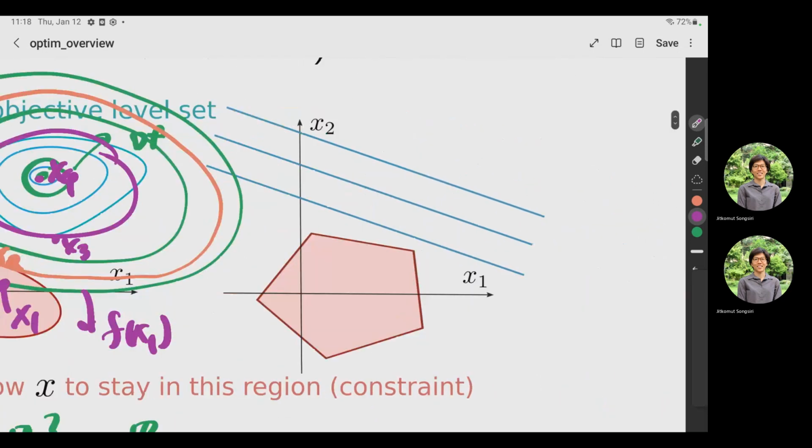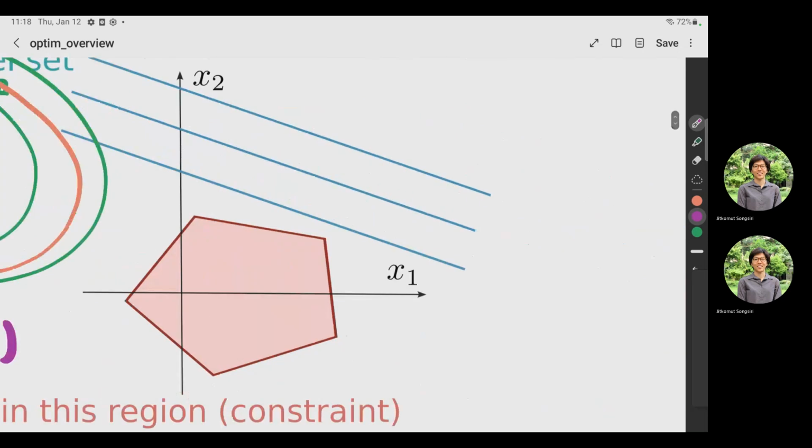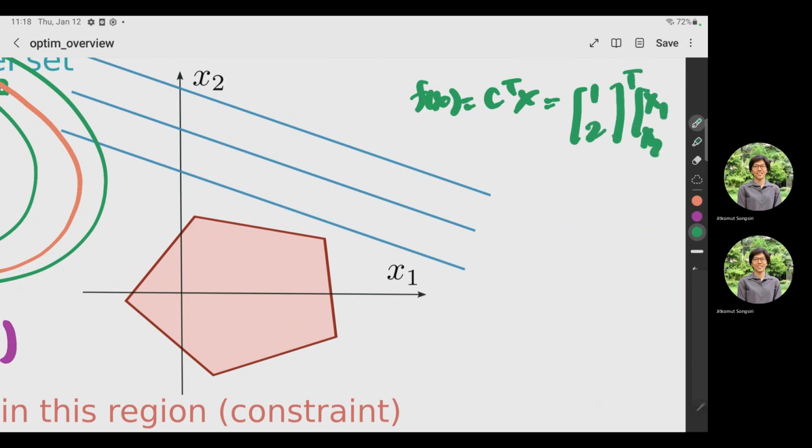Maybe for LP guys, if you love linear. If your function is linear, just like I have this expression, maybe (1, 2) transpose x, right? The level set of a linear function is a hyperplane. But when you have two variables, it is what?